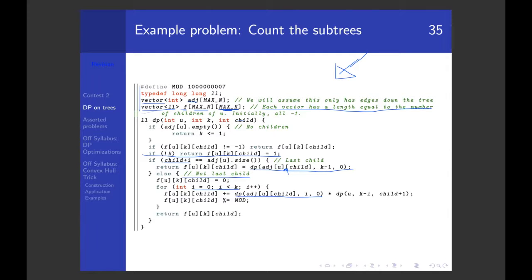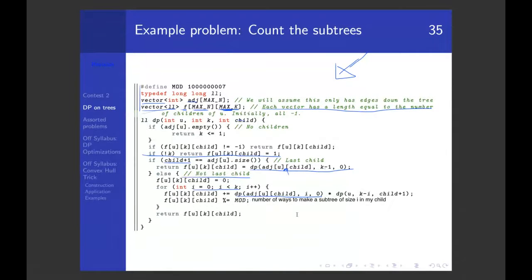So this first one is the number of ways to give i nodes to the child. That is, the number of ways to make a subtree of size i in my child.